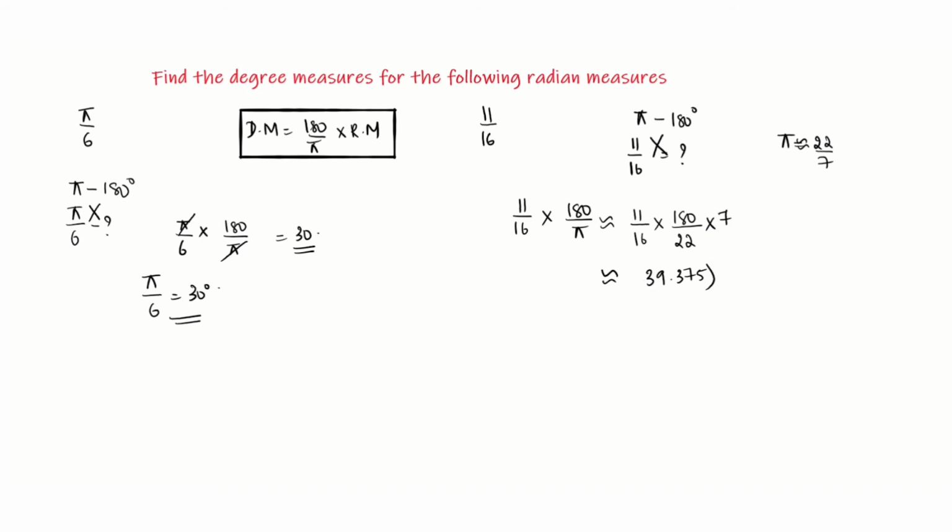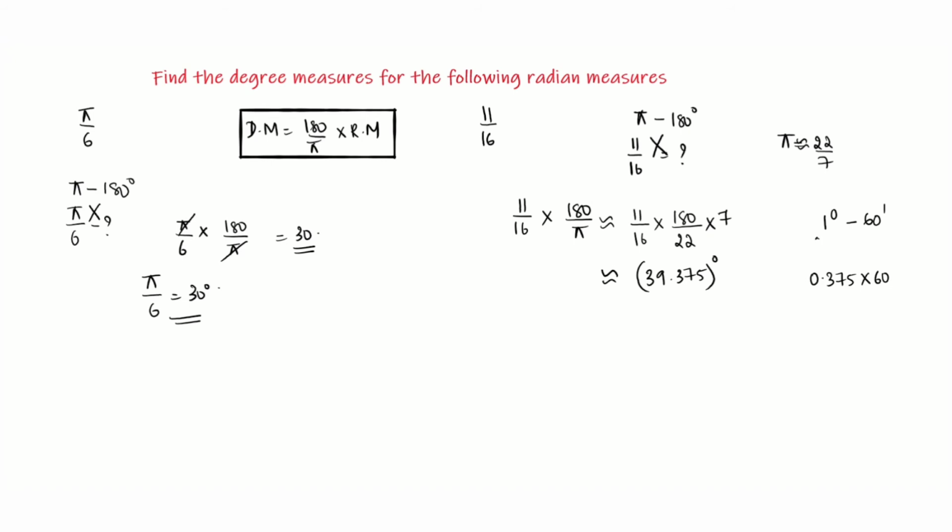Now, to convert 0.375 degrees into minutes, we will simply multiply 0.375 into 60. We get this from the relationship between 1 degree and minutes. 1 degree is equal to 60 minutes. So 0.375 degree is how many minutes?